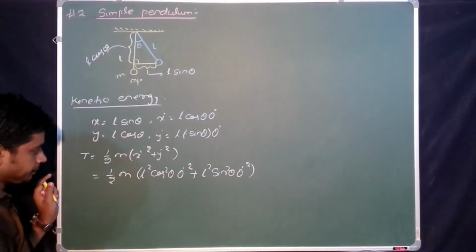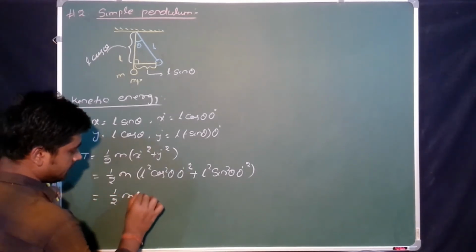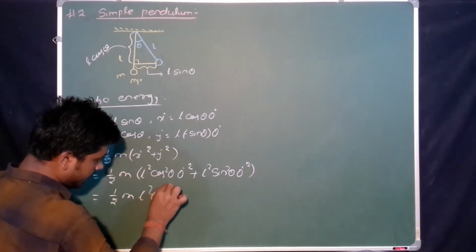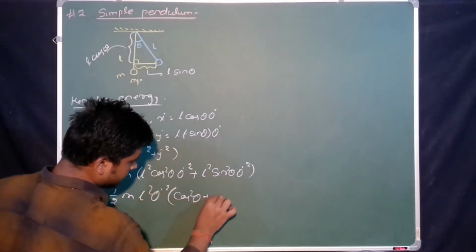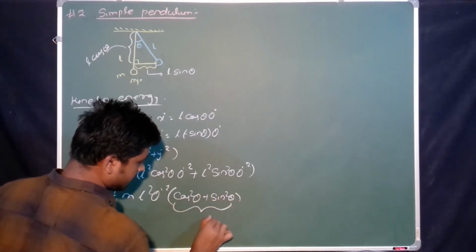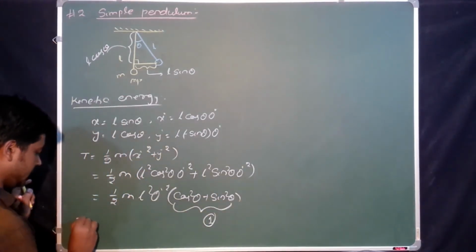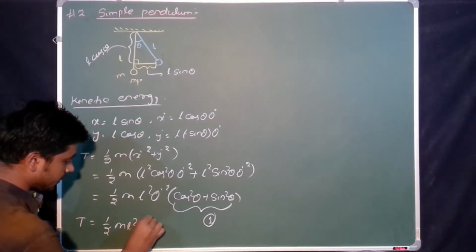Yes or no? Then half m, just take L square theta dot square common. What you got here? Cos square theta plus sin square theta becomes 1. Yes or no? Then T equal to half m L square theta dot square.